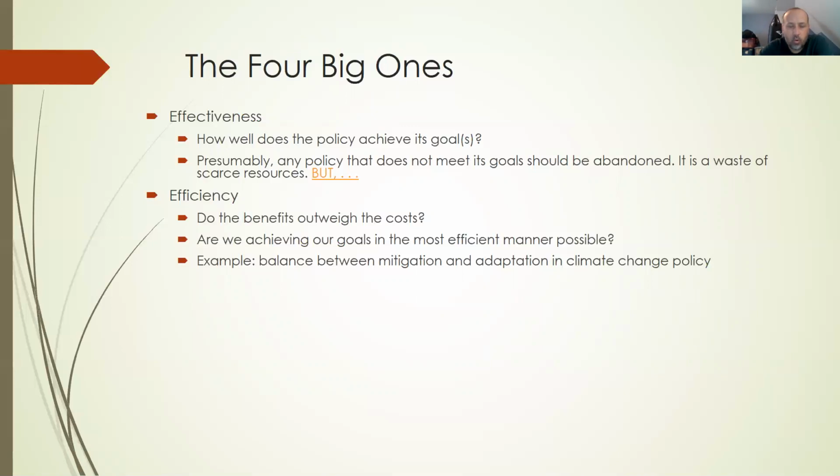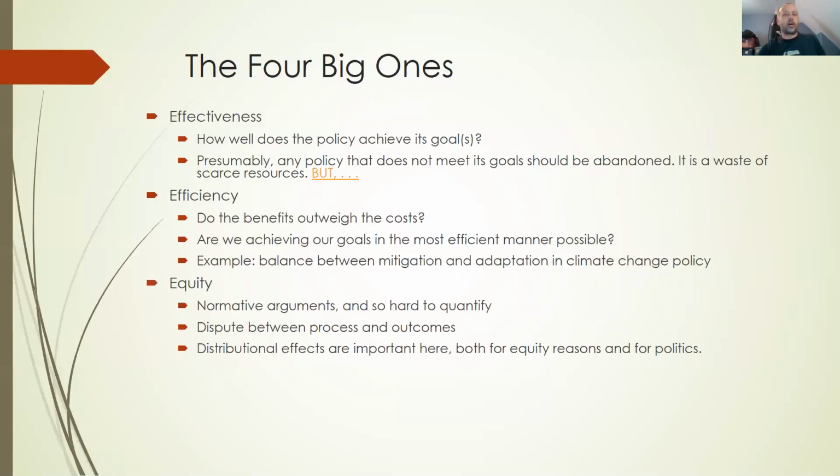But we started moving more into an adaptation framework because we know that at this point, with the level of emissions that are going on and that have gone on, the global temperature rise is going to happen. It's going to be a certain amount of degrees. And so we're going to have to adapt. So that's just an example of how this particular criteria plays out in a particular policy realm. The next one is equity.